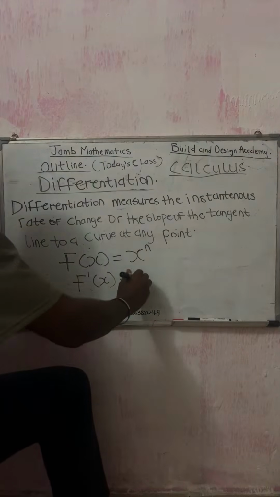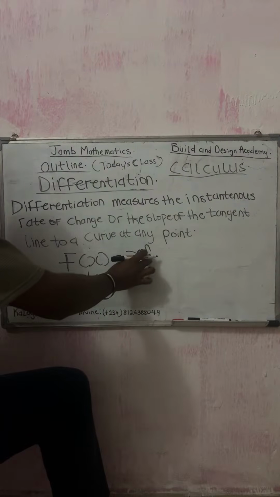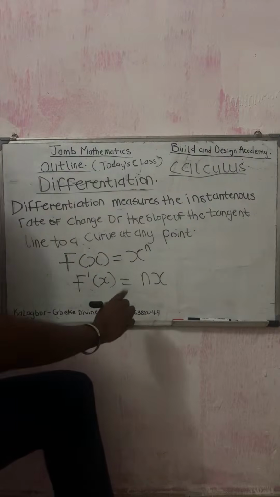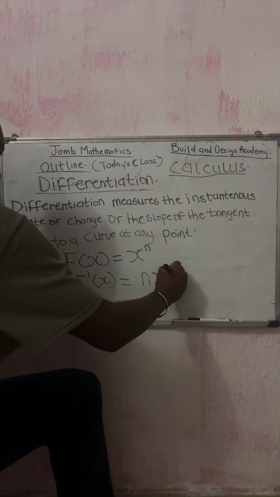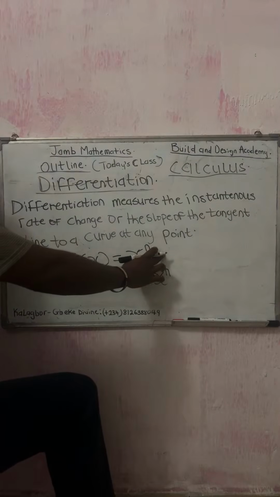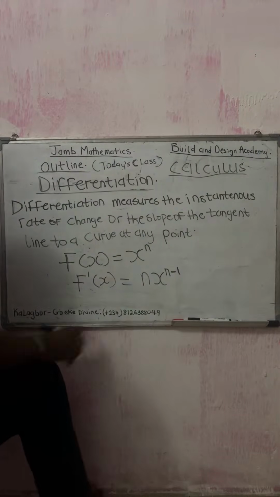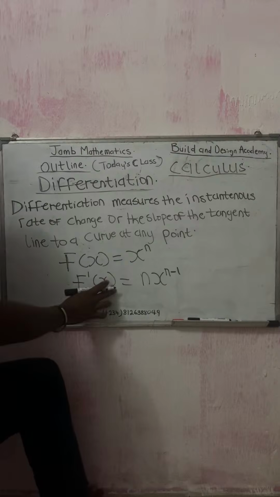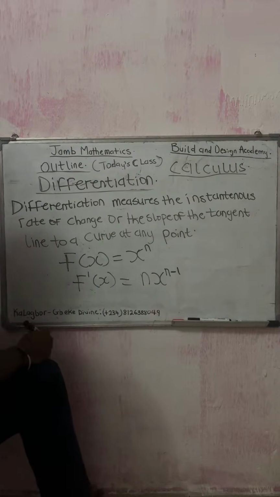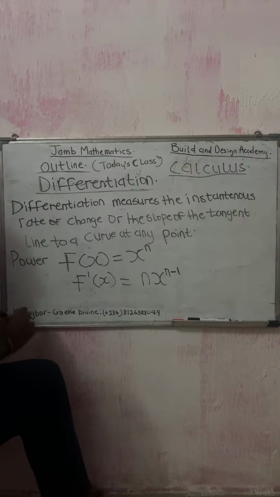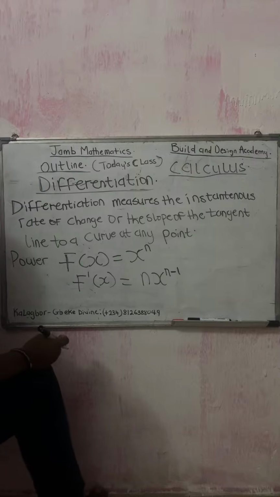The power, you multiply it by this polynomial, which is x, then you add 1 to the power, that is n. No, you don't add 1 to the power, you subtract 1 from the power, n minus 1. So this is how you find the first derivative of this polynomial, and this is called the power rule. The power rule.